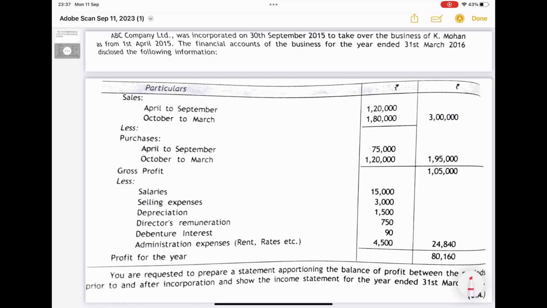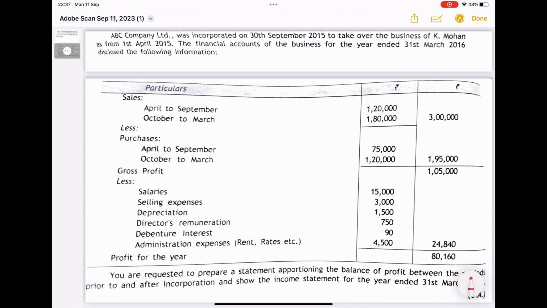Hello everyone, in this video I'm going to start with problems on profit prior to incorporation. It is a very simple and easy concept where we are going to solve the income statement of a company on certain bases.